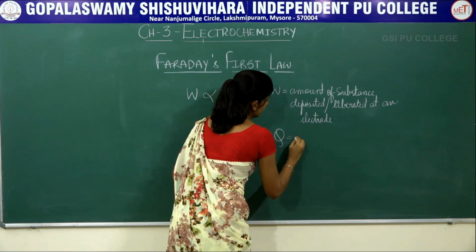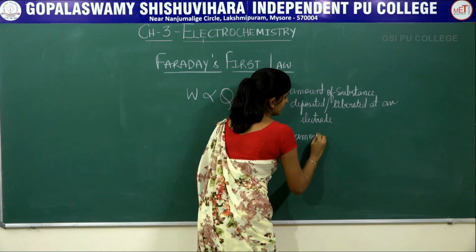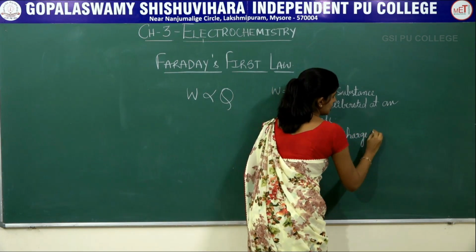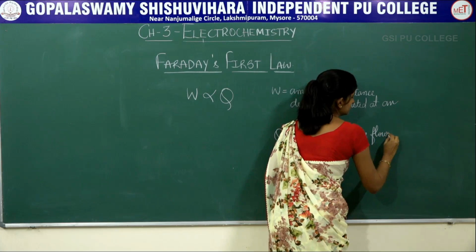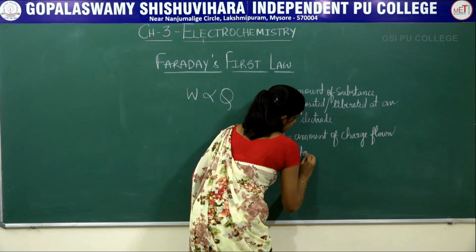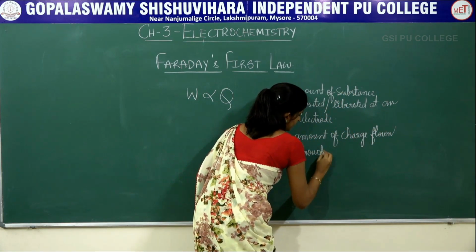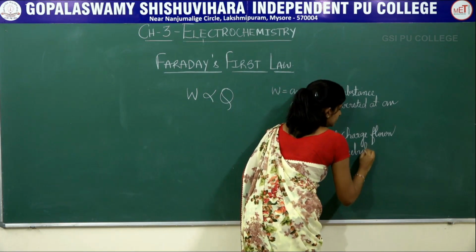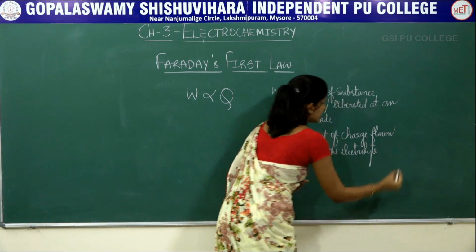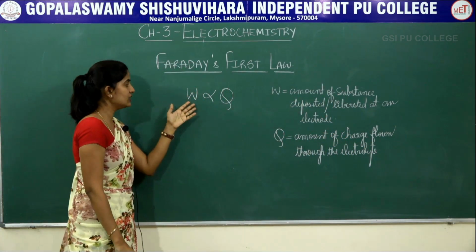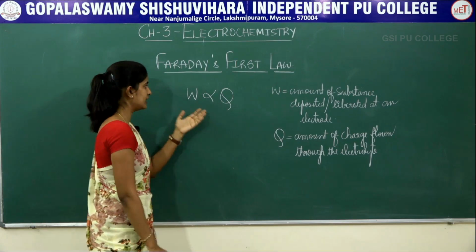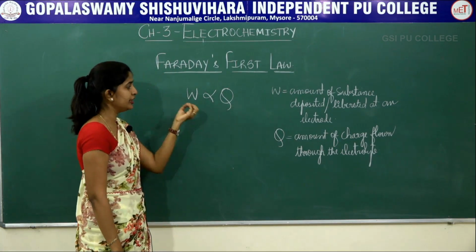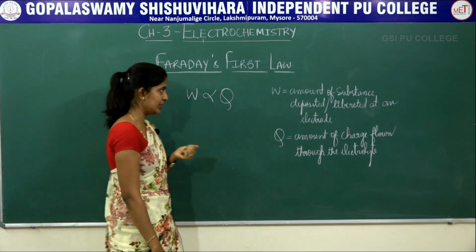Q is the amount of charge flown through the electrolyte. So, according to Faraday, these both are directly proportional, that is how much amount of substance is deposited or liberated is directly proportional to the amount of charge flown through the electrolyte.